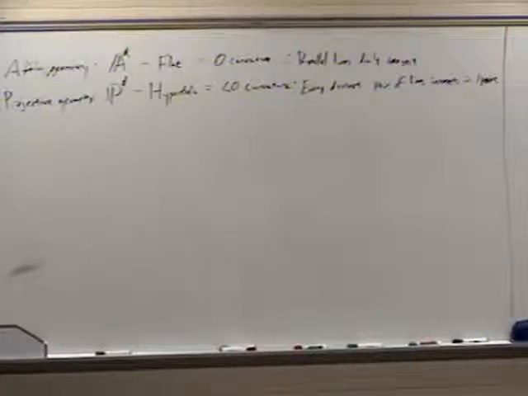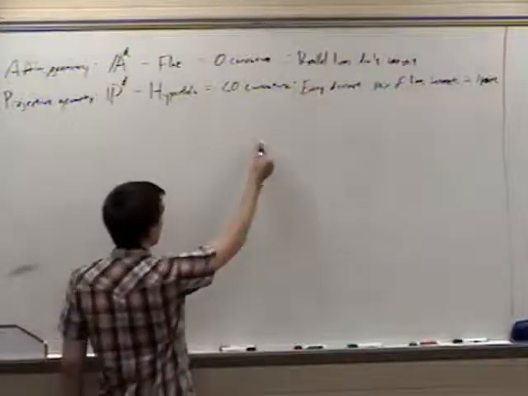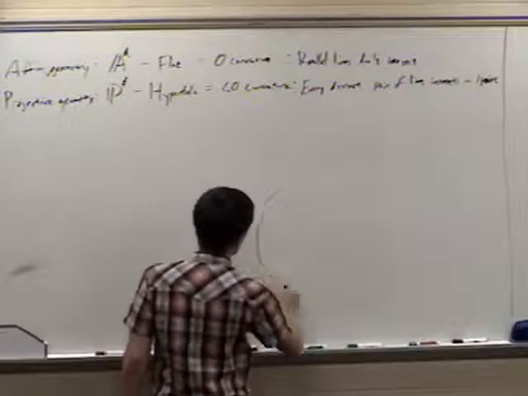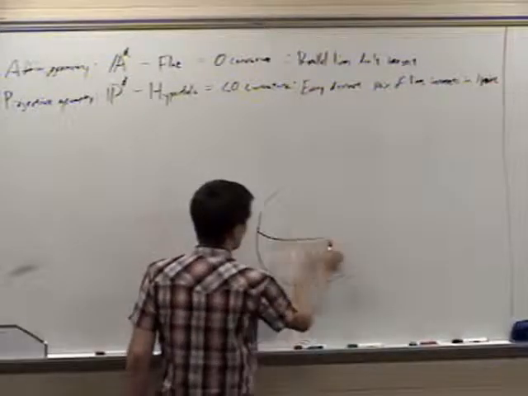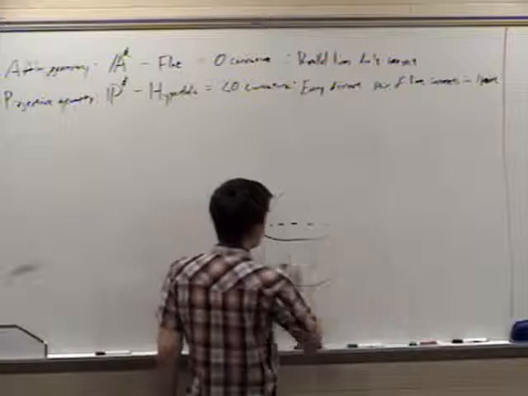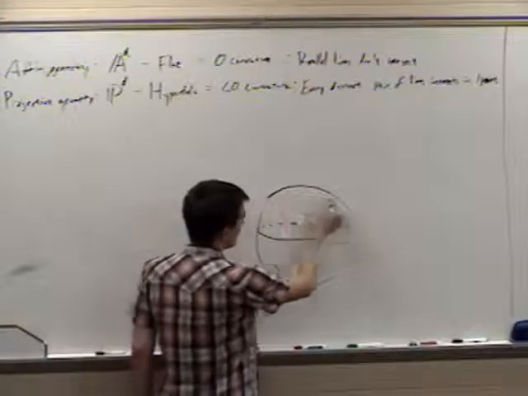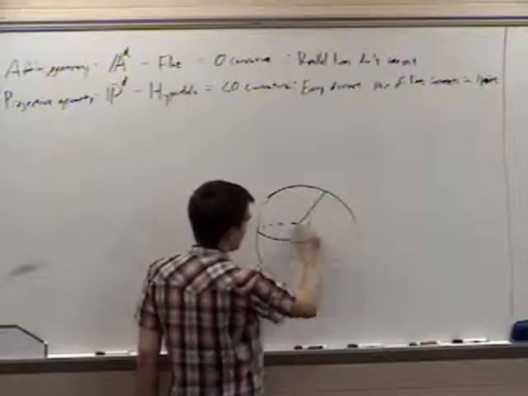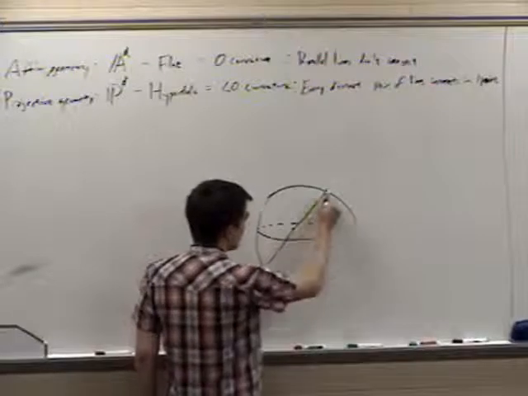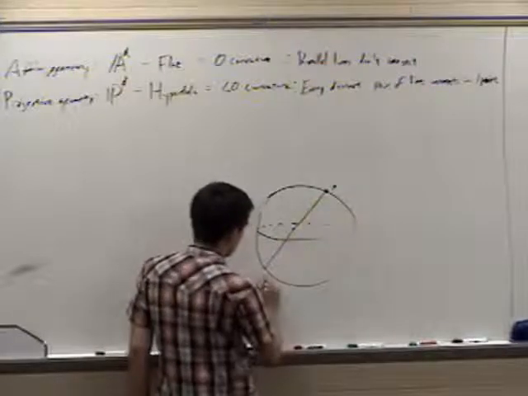So if we think about what's going on in the projective plane, if we imagine that we have, say, a sphere, right, then in projective geometry, the opposite points on this sphere are identified. So this point here is the same as this point here.